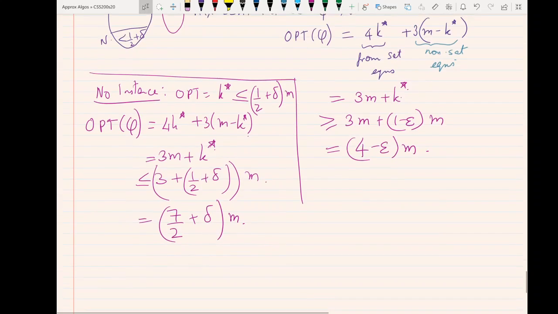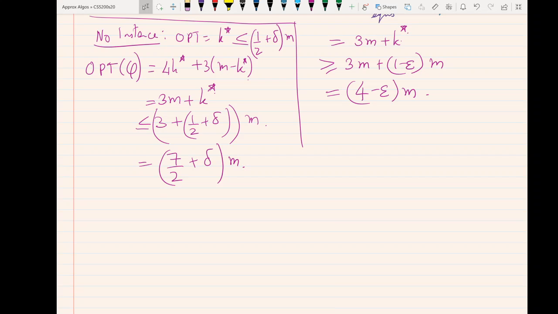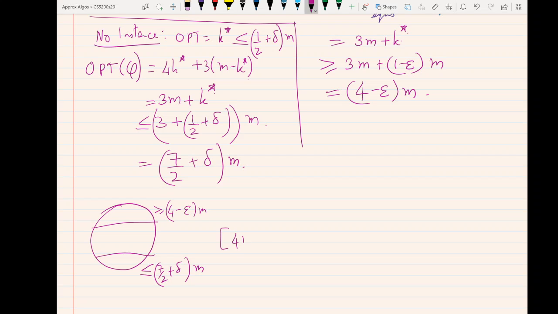Okay. So that means that via this reduction that we have just stated, what we get are instances of max 3 SAT that lie in one of two bands: at most 7 over 2 plus delta, or greater than or equal to 4 minus epsilon m. Okay, and it has 4m clauses.